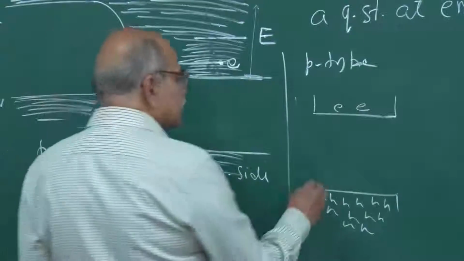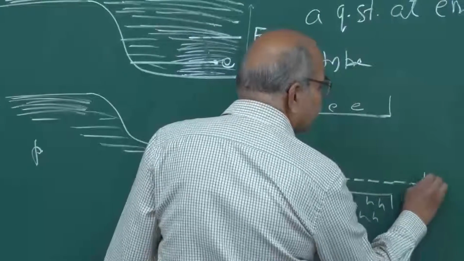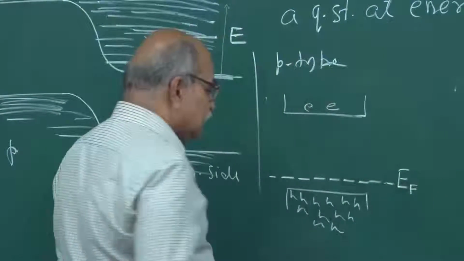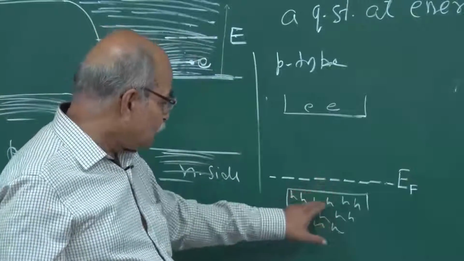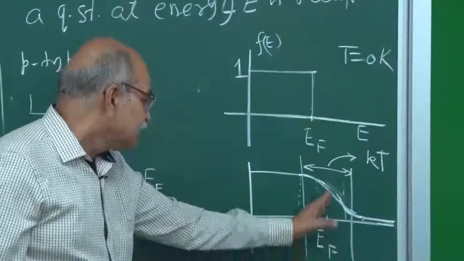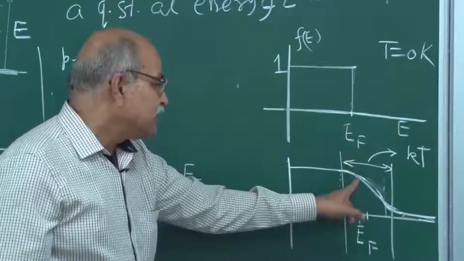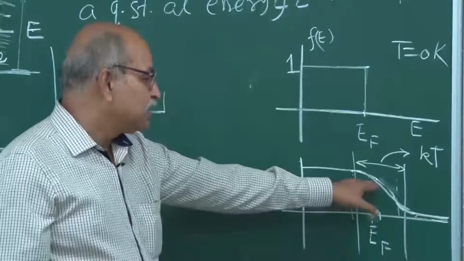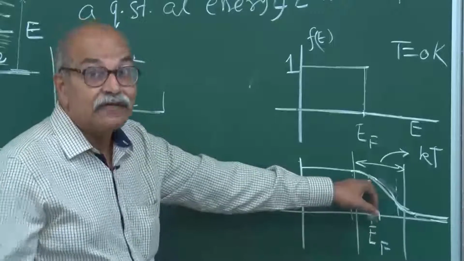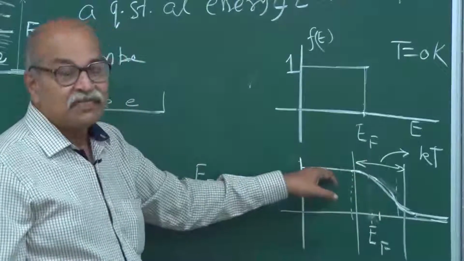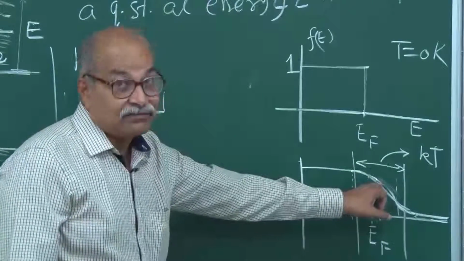The Fermi energy is close to this EV. So you are close to the Fermi energy, slightly below this, somewhere here. The probability is less than 1. The probability that there is an electron is less than 1, and therefore there is a probability that a hole will be there. If you are here, that probability is very small, but if you are here, there is some probability. If you are right at EF, the probability is half.